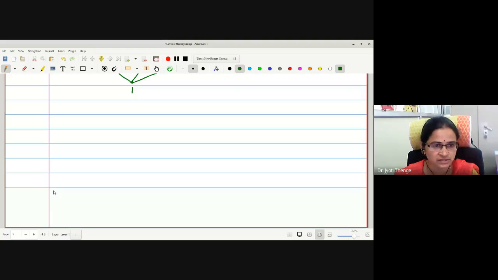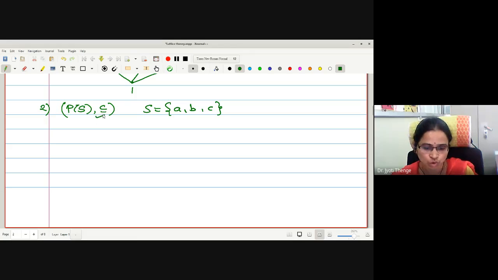I think sir has told you about the Hasse diagram of a power set. Power set with three elements, say the power set with the inclusion relation, where S I am going to take the three elements A, B and C. This is also a partial order relation.